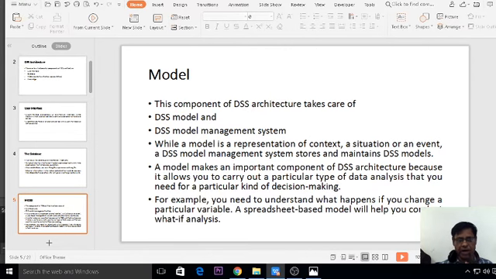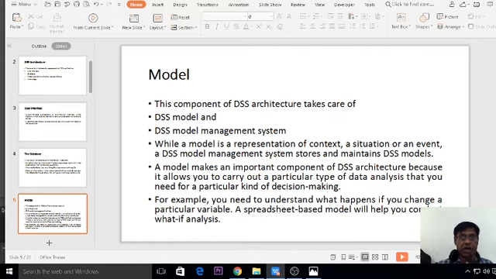A model is an important component of DSS architecture because it allows you to carry out a particular type of data analysis that you need for a particular kind of decision making. When we are going to make a decision, we use the particular model. For example, you need to understand what happens if you change a particular variable.